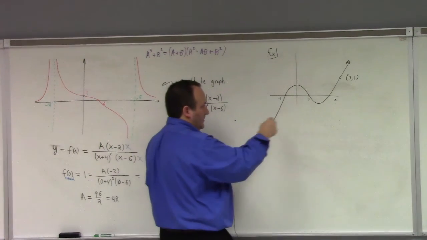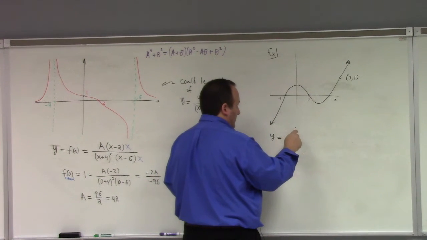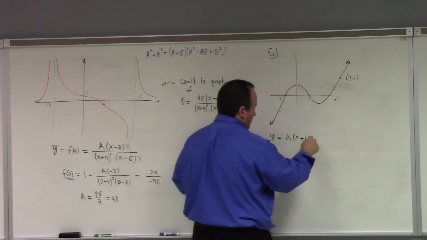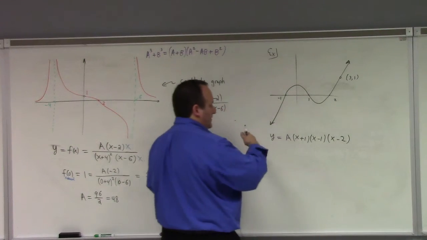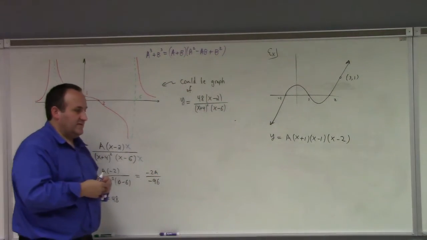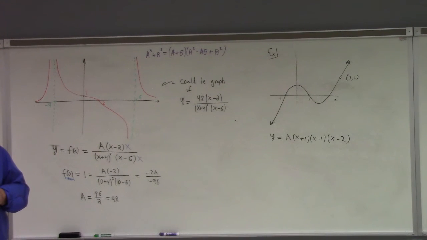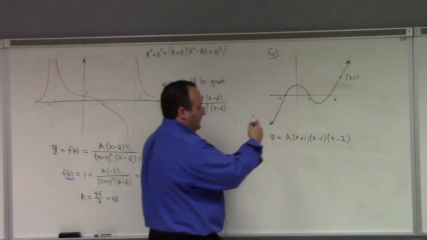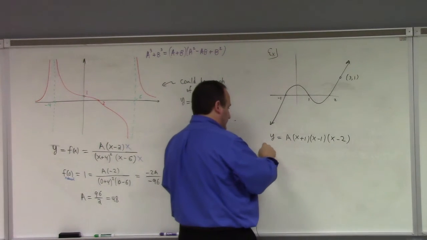So I'll start us out. We do y equals some constant a, times x plus 1, x minus 1, x minus 2. If we pick the appropriate choice of a, that would give us the cubic we're looking at there. In fact, we could figure out what that is. If you want this thing to go through 1 when x is equal to 3, we put that in.